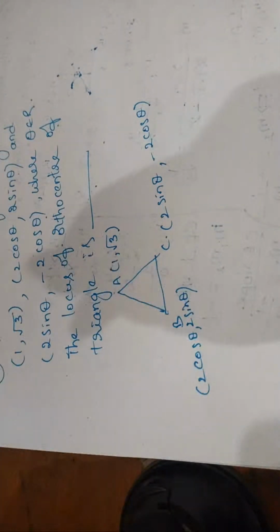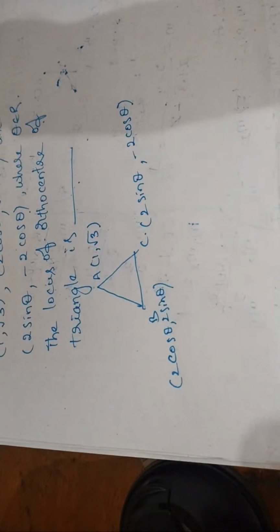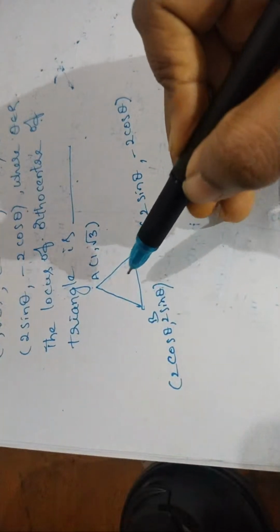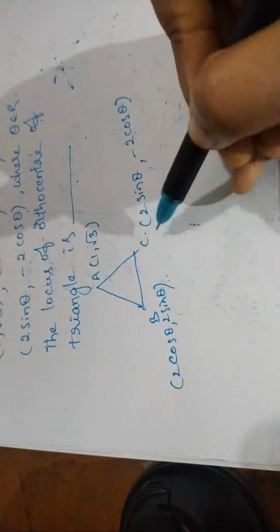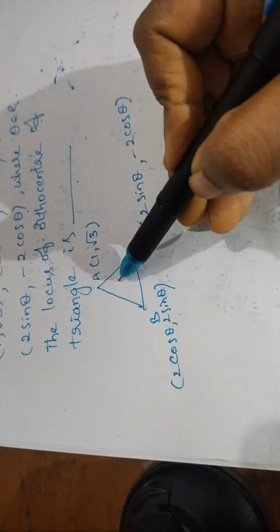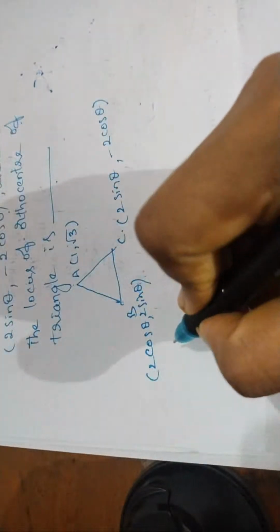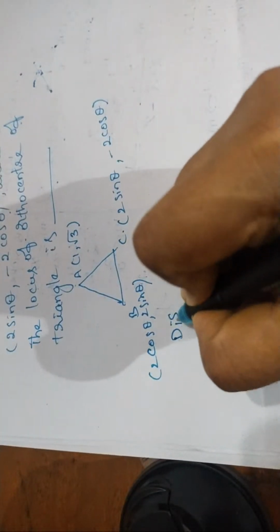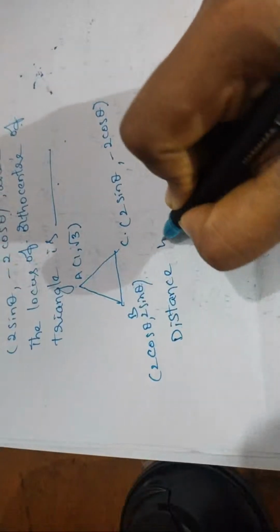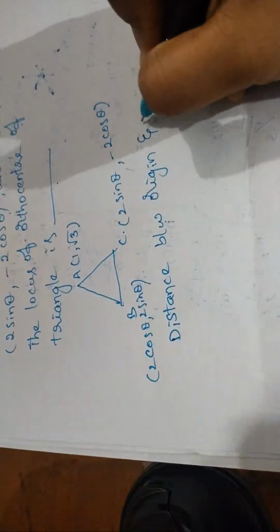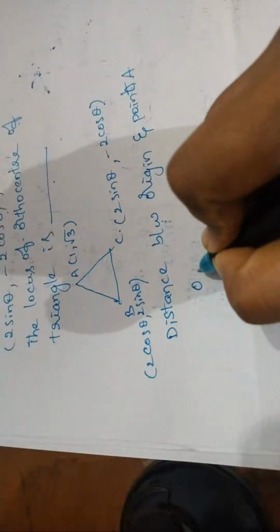How can we find the locus of the orthocenter? First we find the distance from the origin to each particular point. Suppose the distance between O and A, so I want the distance between the origin and point A. OA: O is (0, 0), A is (1, root 3).